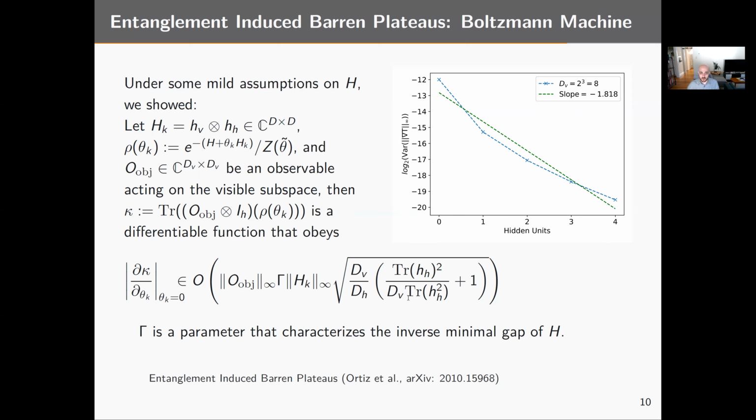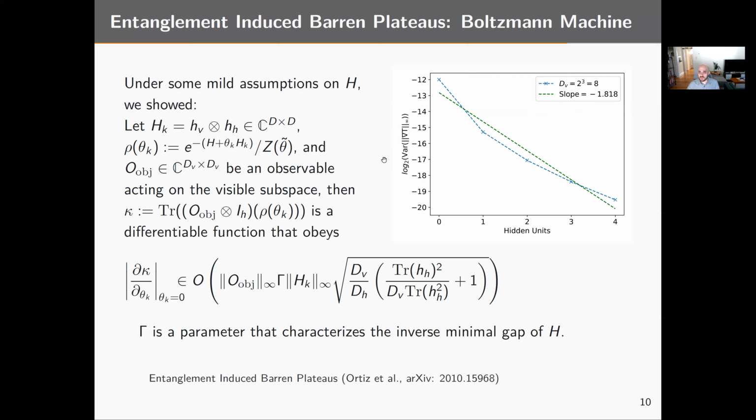But here the terms are a little bit more complicated. We have these terms inside the square root. We again see the infinity norm of the objective function times a parameter that characterizes the inverse minimal gap of our Hamiltonian, times the infinity norm of HK. So again, we attempted to validate this for other objective functions, in particular the trace distance here, for some small numerical experiments.